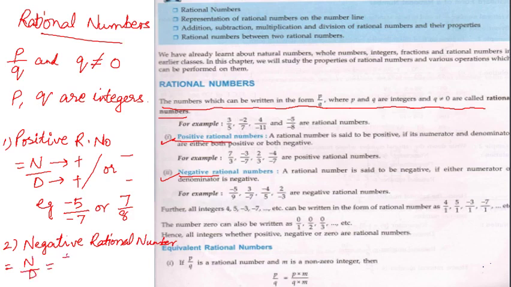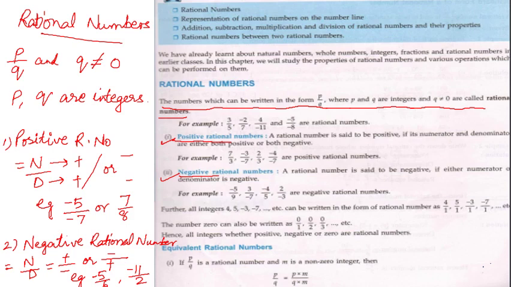So either the numerator can be plus and the denominator can be minus, or your numerator can be minus and the denominator can be plus. Example can be minus 5 by 6 or 11 by minus 2. Is it clear to you? Definitions are given also, and I have given them in a short form. What I want to tell you is that you should know the concept.